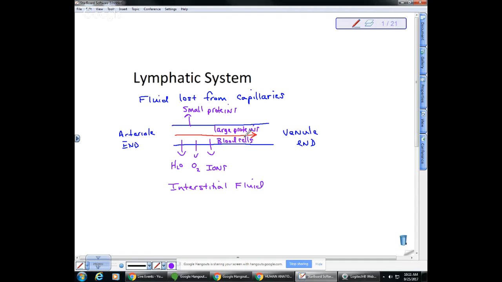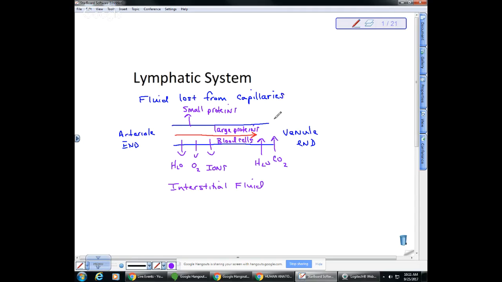Okay. So at the opposite end, at the venule end, instead of water and substances being forced out, actually substances get sucked back in, right? So here we have water coming back in. We have also carbon dioxide being picked back up, right?